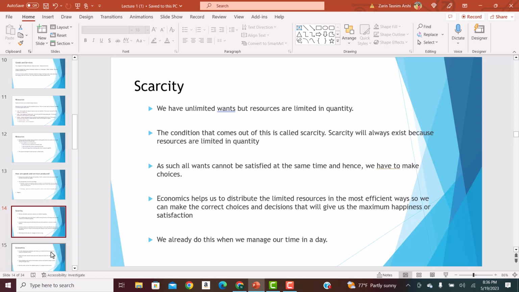So the purpose of economics, once we study this course, is to make sure that we allocate and distribute the resources for the production of goods and services that are in most demand and that will meet the needs of the people and make them most happy. That is the ultimate goal of economics. Okay, and we already do this when we manage our time in a day, right? We want to do the best thing possible for ourselves in a day.